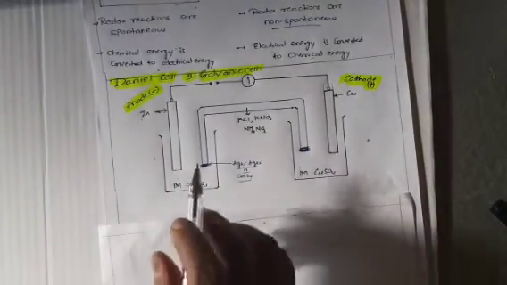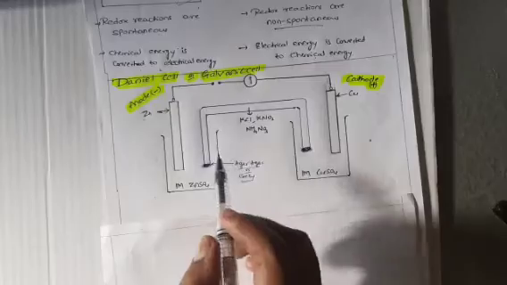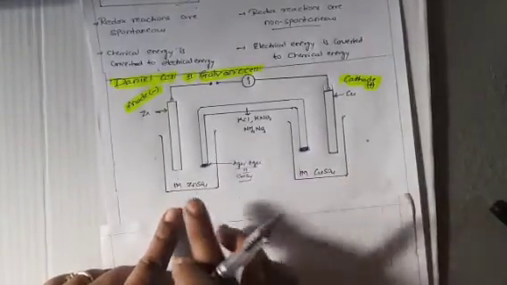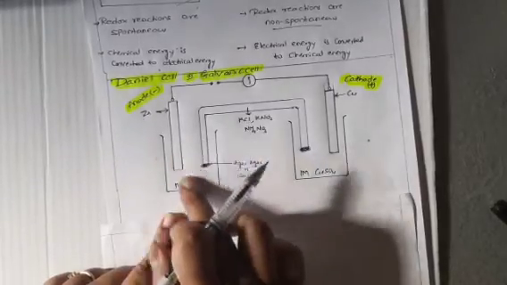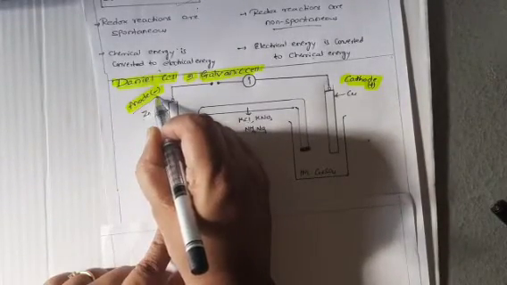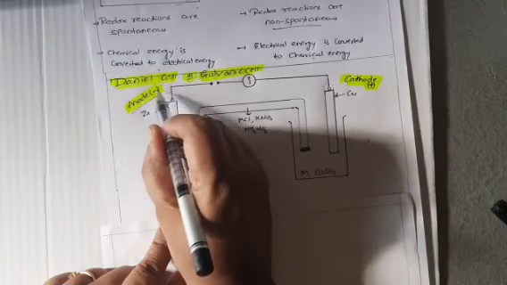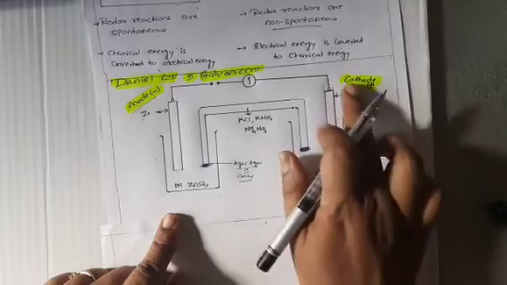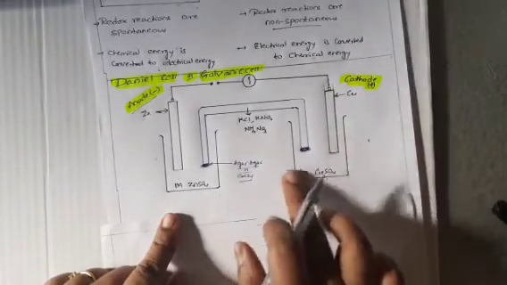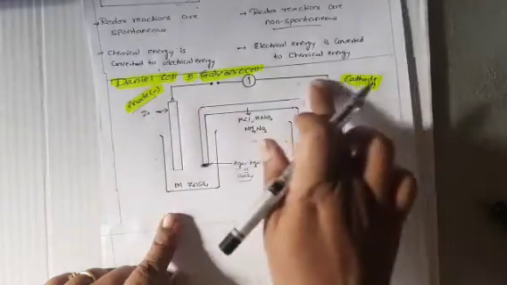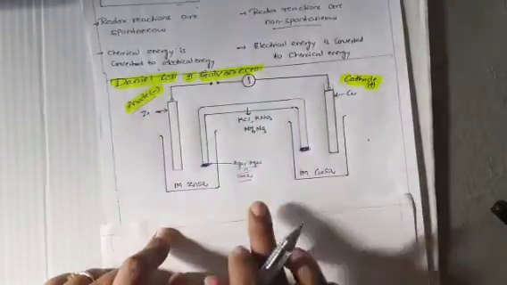Okay, this is the left hand side and this is the right hand side. This left hand cell is known as the anode. This anode is negatively signed and the right hand side is called the cathode, which is positively signed. So this is the electrochemical cell setup.